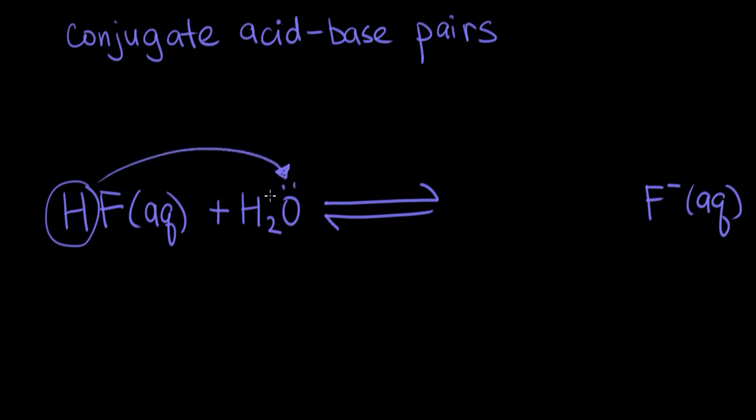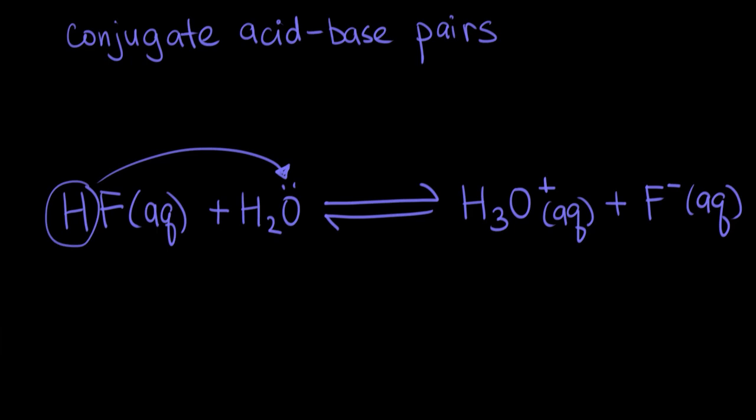So water then becomes H3O plus, or hydronium. This process is in dynamic equilibrium because it can go forward and it can go backward, and eventually those two rates are equal and they're both happening at the same time.